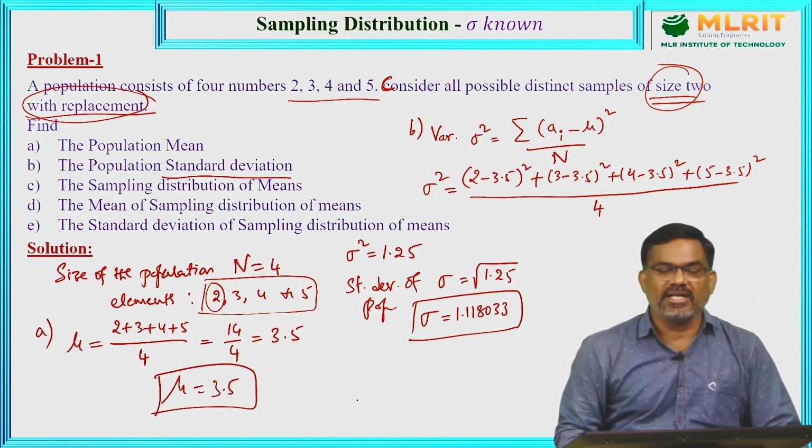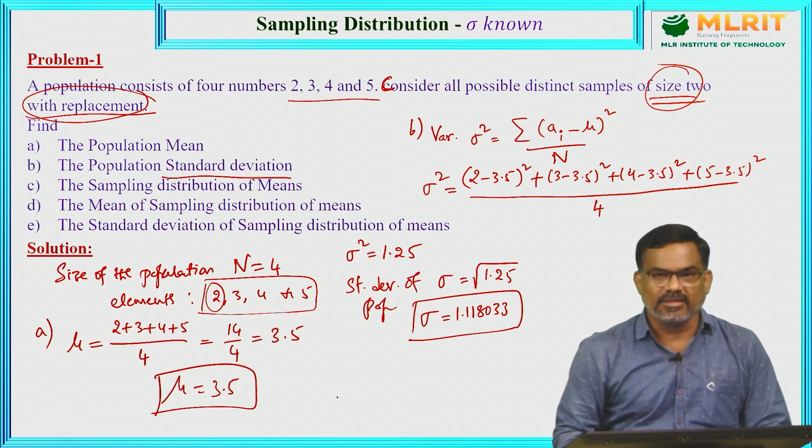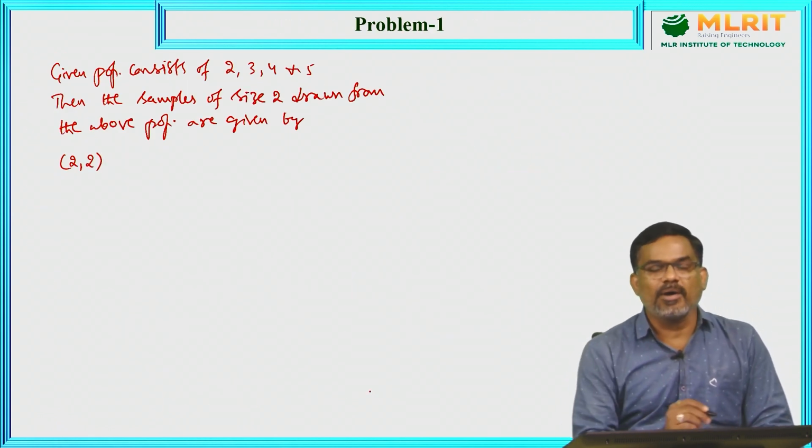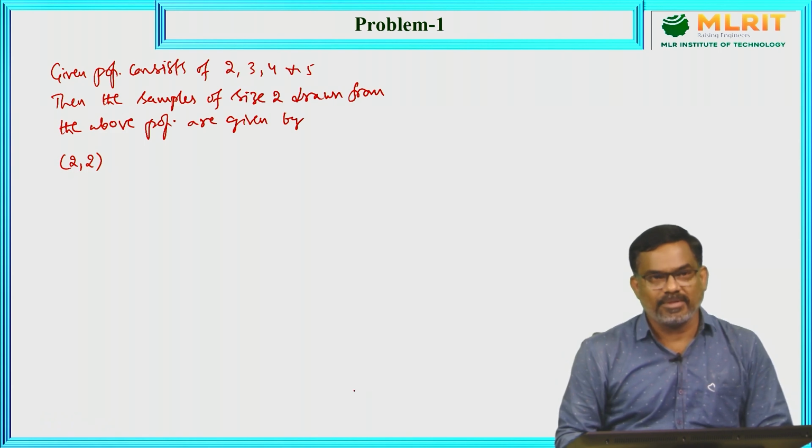So, after selecting the element, again we can replace it back. So, again I can select the same number. So, 2, 2 is one of those samples.